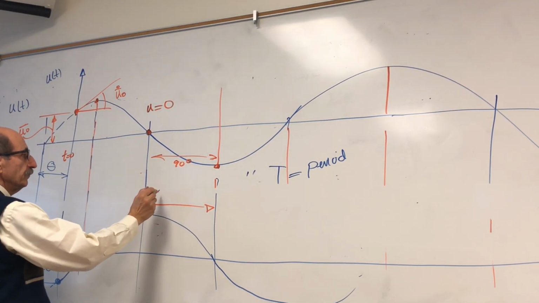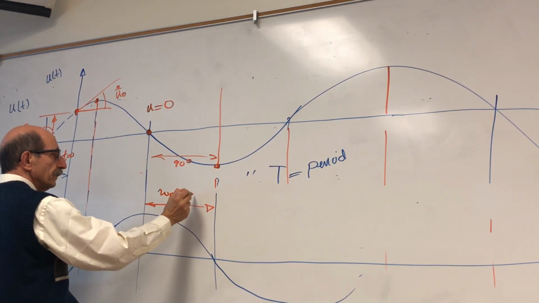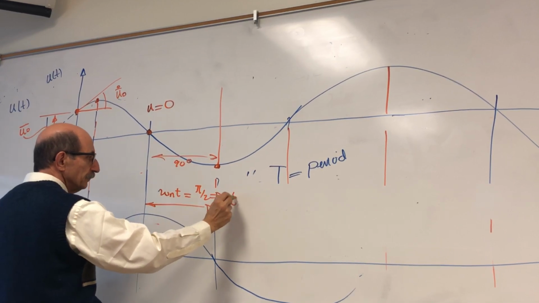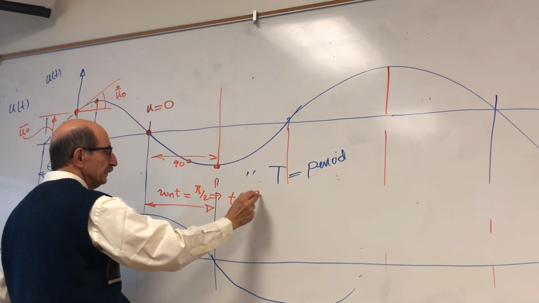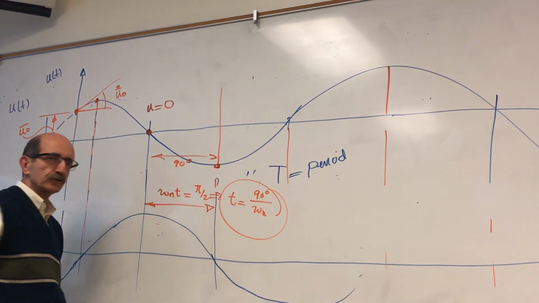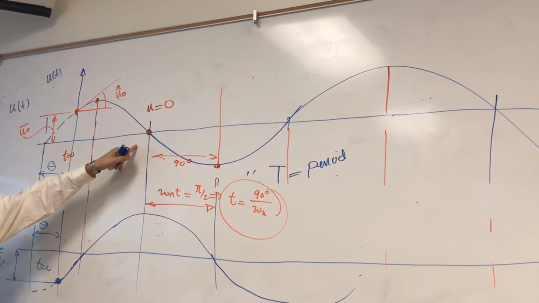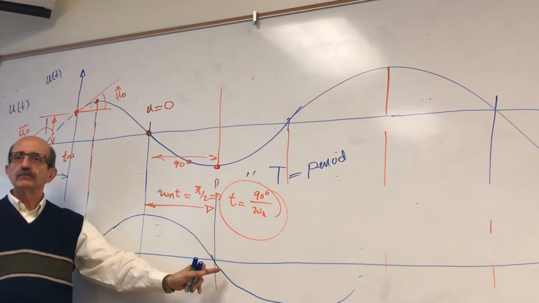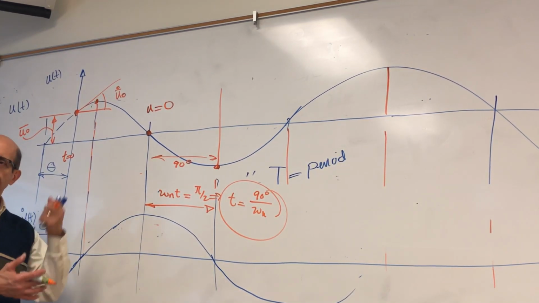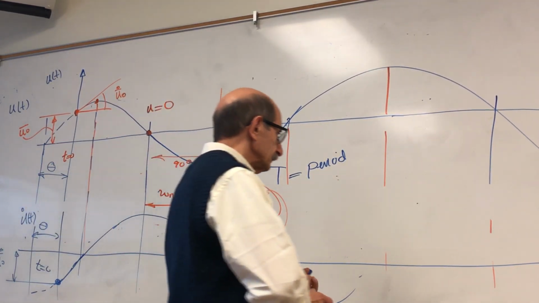It takes a time where omega n t is equal to pi over 2, so you can find the time t of, say, 90 degrees over omega n. It takes this much time. After this displacement is 0, the velocity becomes 0. A lot of things that you can read from these graphs.